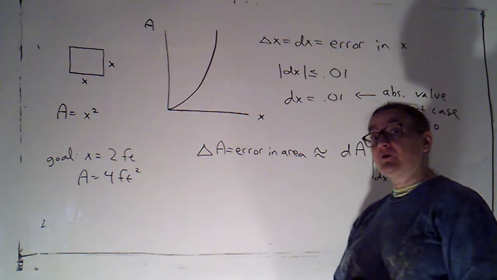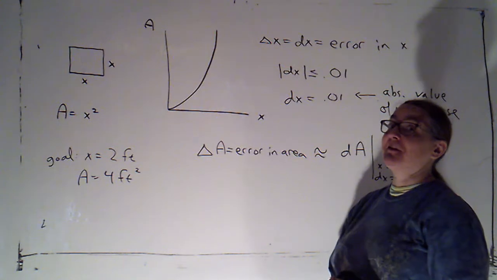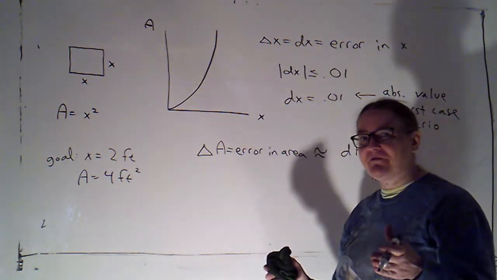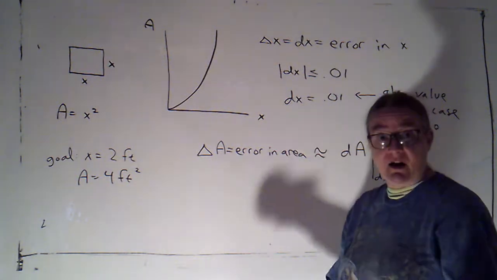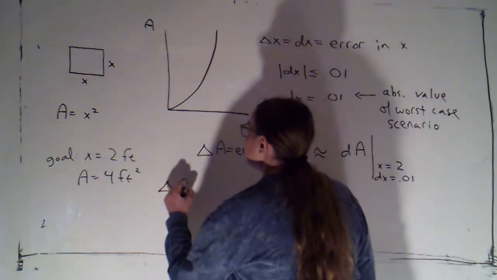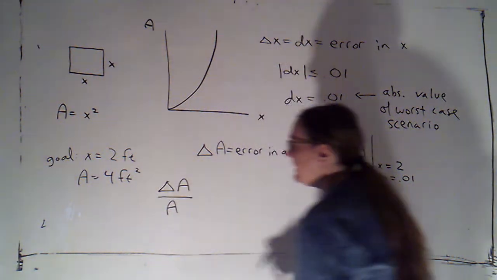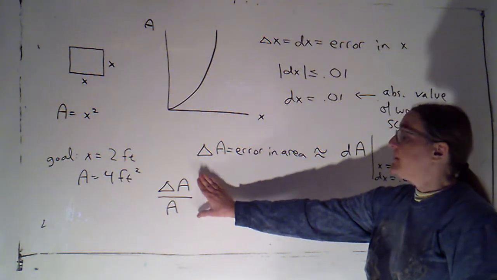But if I were to measure the circumference of the earth and be off by a foot, I'd be doing a pretty good job of measuring things. So the same amount of error can be a big deal or negligible depending on what we were shooting for. So delta A over A gives me the percent error in the area.